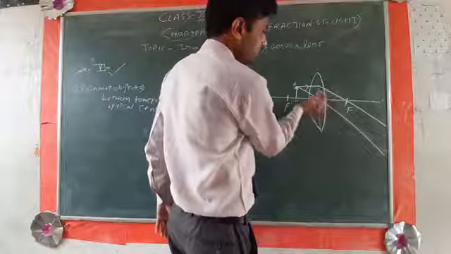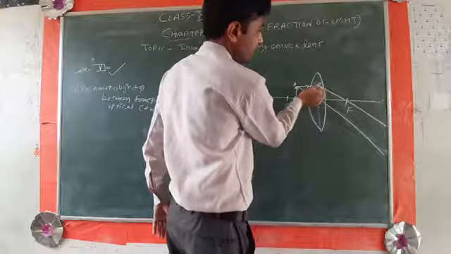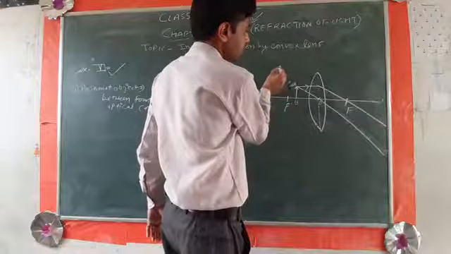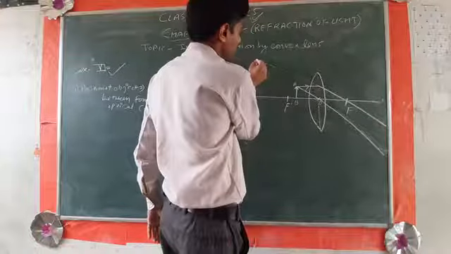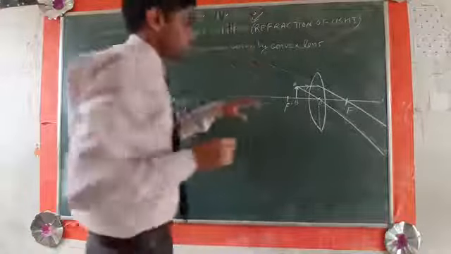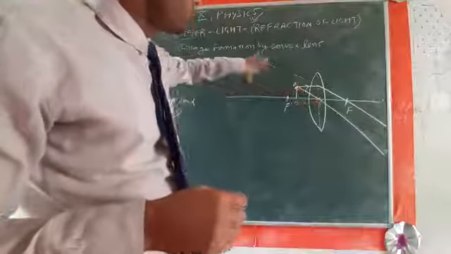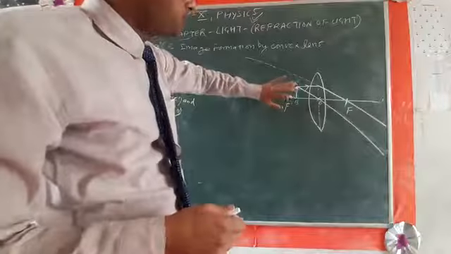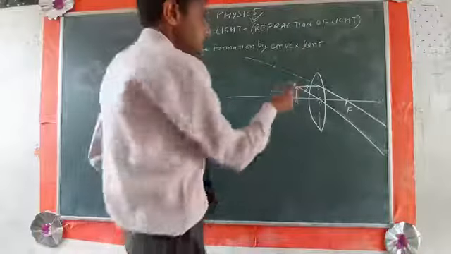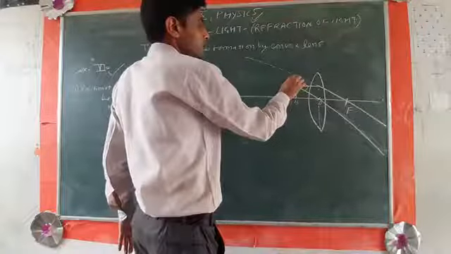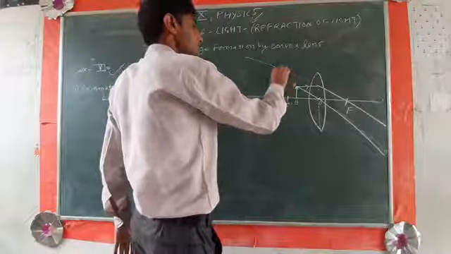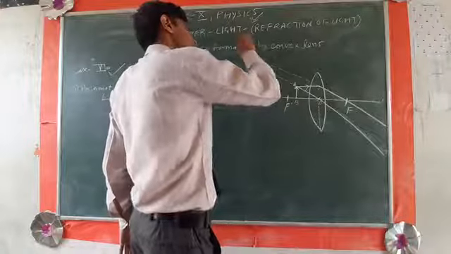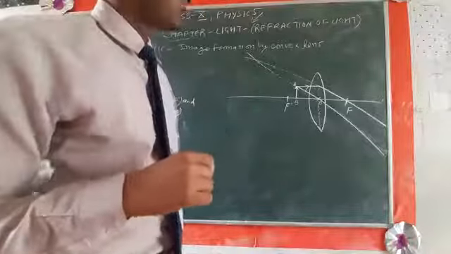But when these rays of light are produced backward, on the same side as the object, they appear to meet in front of the lens.